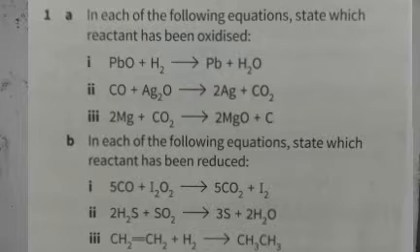Part B, there you have to select which reactant has been reduced. So in the first one, iodine with oxygen, that compound, oxygen is removed there, so that is reduced. Number 2, hydrogen sulfide and sulfur dioxide is there.